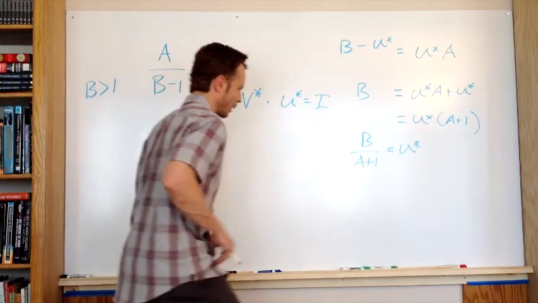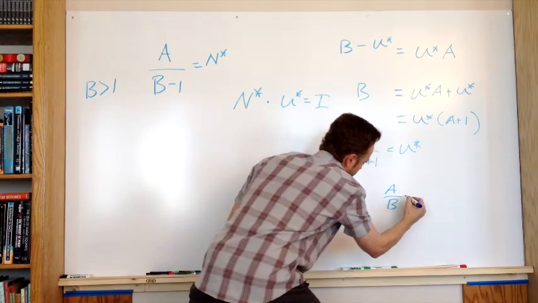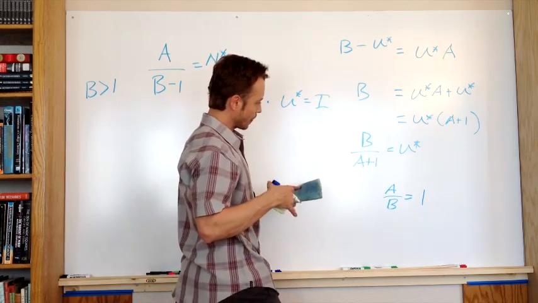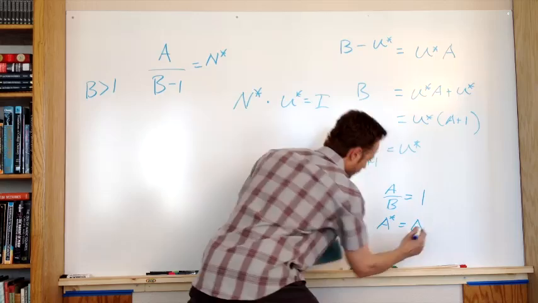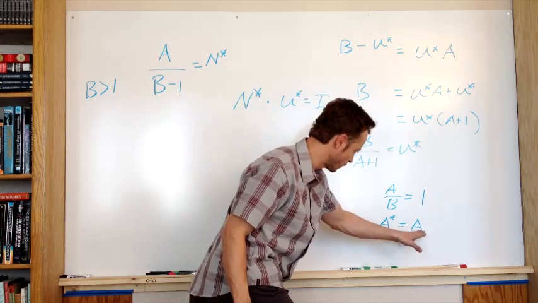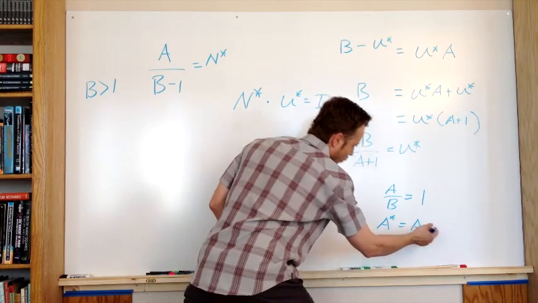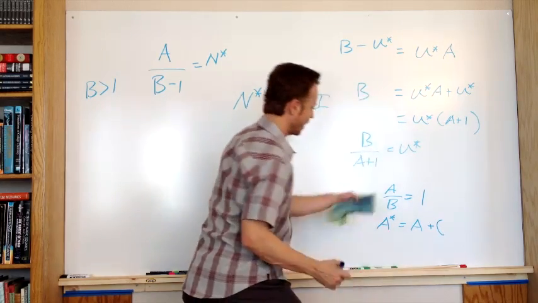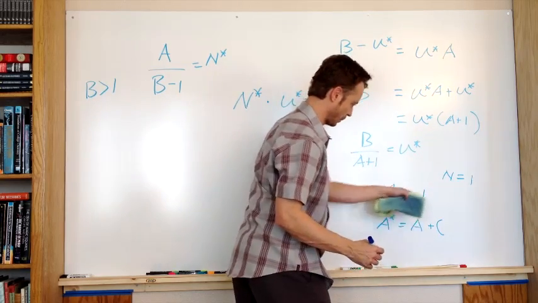Just as a reminder, when A over B are equal to each other, hence the identity constant is 1, if we wanted to find A star, which is the modification of A, the A that's slightly into the future relative to A, what we would do is add n, which in this case would also equal 1.